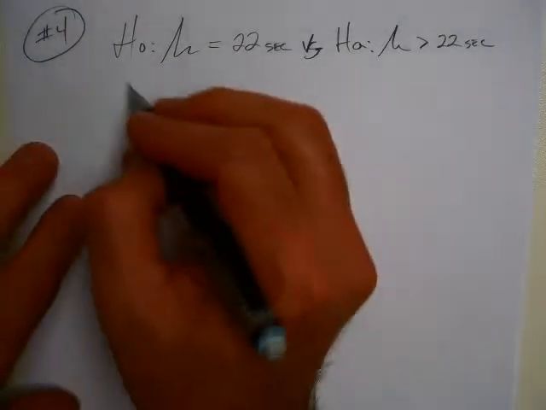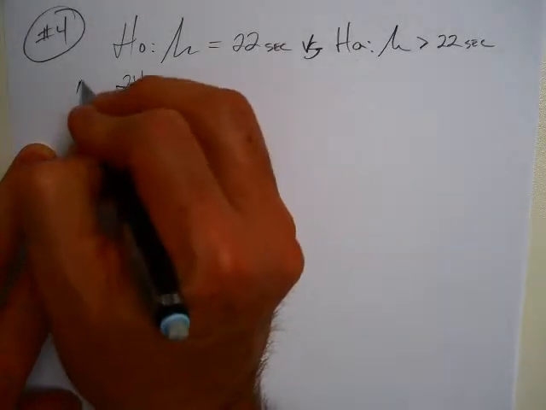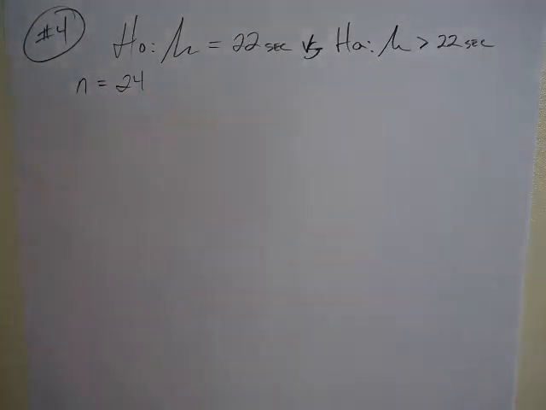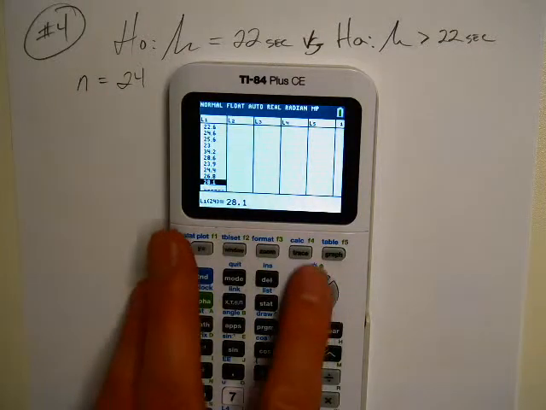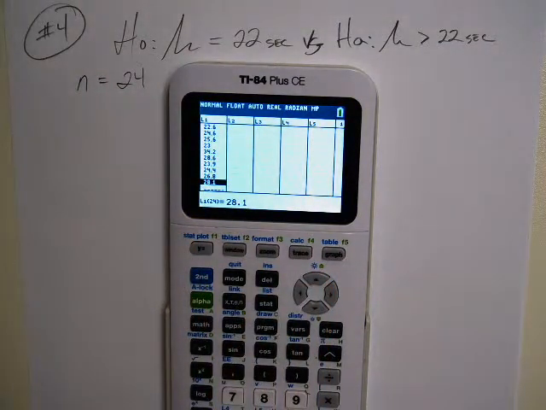We have 24 adults, so n equals 24. And we have a bunch of data, which I have put into the calculator, into my L1. I think I have all the digits in there correctly. I hope so. You guys will tell me if I don't, I'm sure. So then they give these 24 adults a different font to read, and they test them, see how long it takes to read the same length of text.